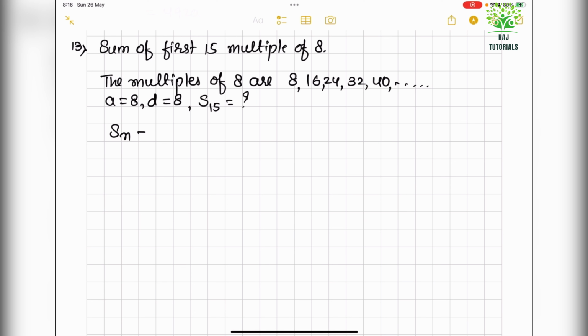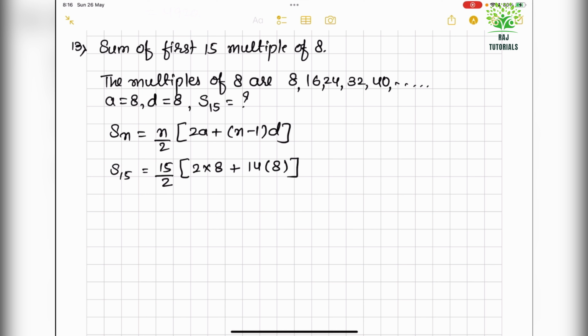So Sn equals n by 2 into 2a plus n minus 1 into d. So S15 will be 15 by 2 into 2 into 8 plus 15 minus 1, so 14 into 8.